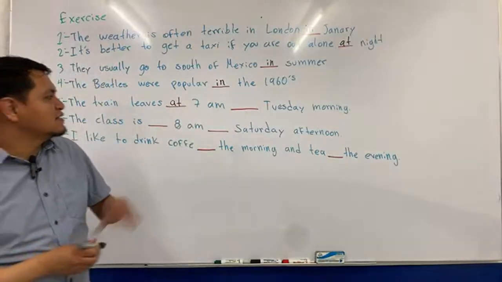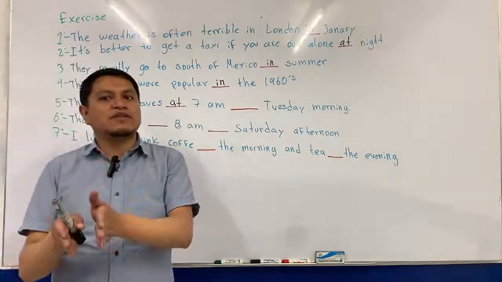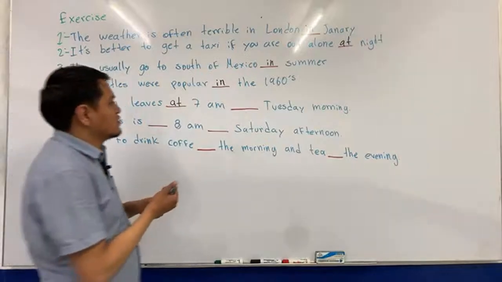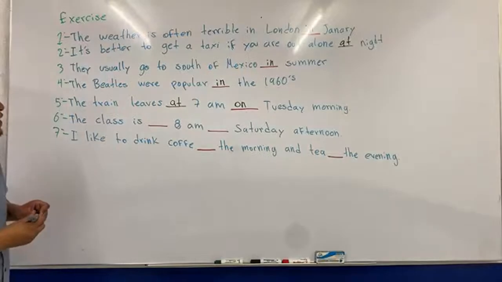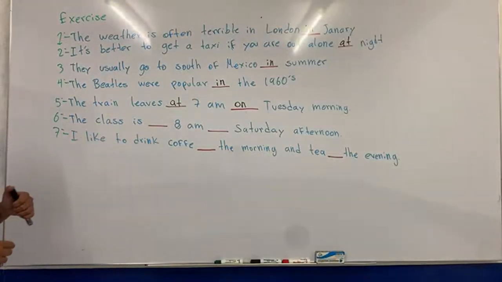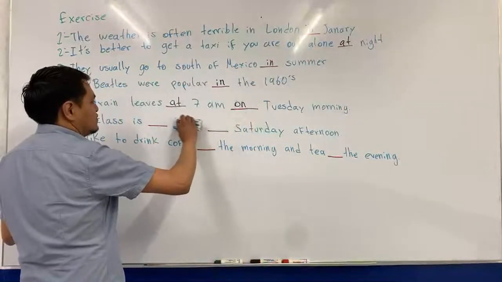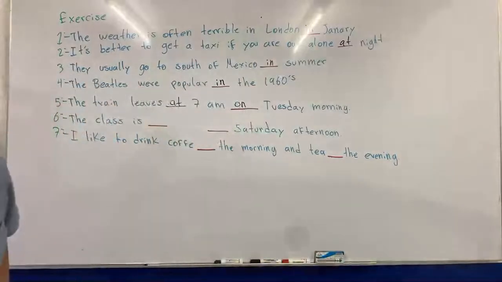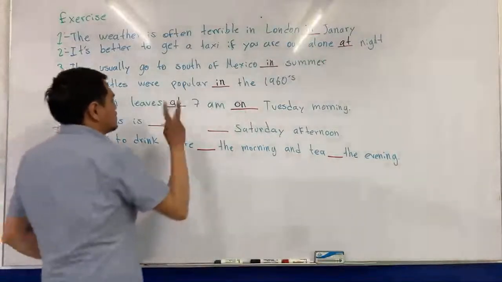At 7 a.m. On Tuesday morning. In this case, it's the same. I'm gonna change this word. Era lo mismo. Le voy a cambiar tantito para subirle un poco la dificultad.